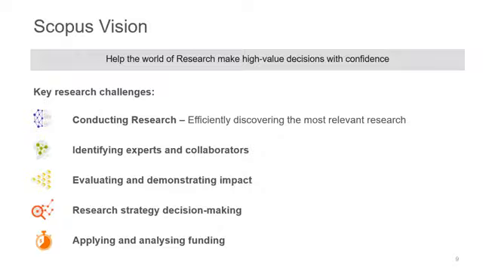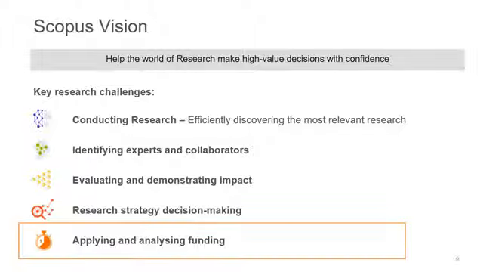First of all, our mission is to help conducting research, helping efficiently discover the most relevant research, but also helping in building collaborations, identifying the best experts to work with, evaluating impact, for instance, of a research institution by looking at institutional profiles, or by demonstrating your own impact through the author profile, making research strategy decisions based on analytical tools offered by Scopus, and last but not least, applying and analyzing funding. And today's webinar is focused on this key research challenge.